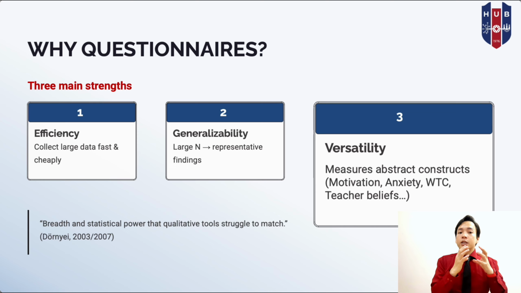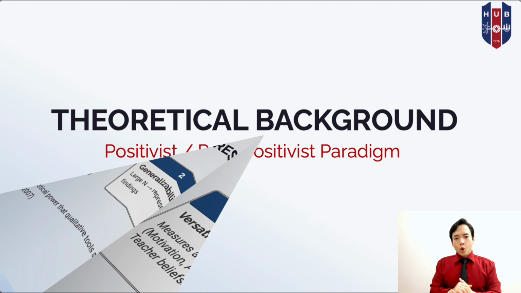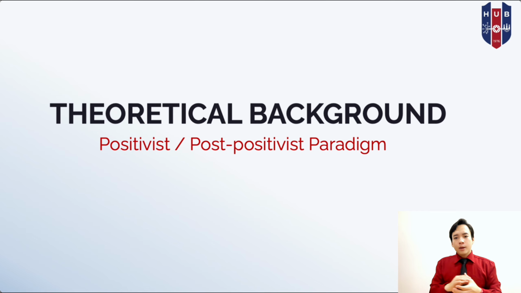Finally, questionnaires are versatile. They can measure psychological constructs like motivation, test anxiety, or willingness to communicate, things we cannot observe directly. So, in short, questionnaires provide the breadth and statistical strength that help applied linguistics researchers uncover trends across the large population, right?